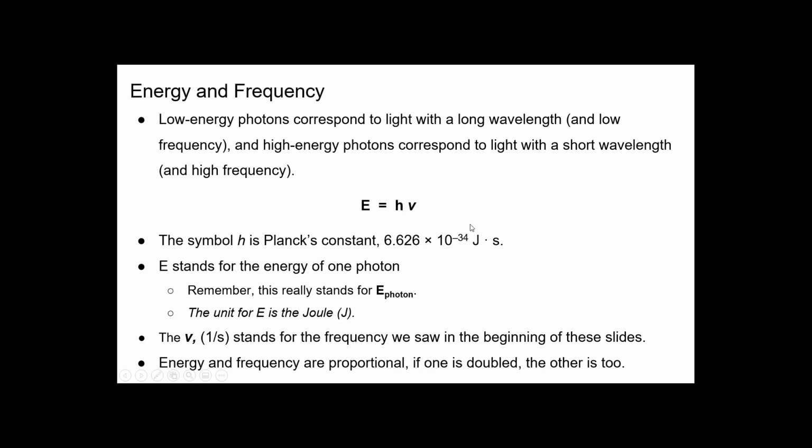So if everything here is done correctly and you want energy, you can see here Planck's constant is joules times seconds, and frequency is 1 over seconds. The seconds will cancel out, and energy of a photon will be in joules. It's very important that when you understand equations, you understand the units that go with them. The more you understand the units, the easier you can break down word problems, because sometimes things are not stated clearly.